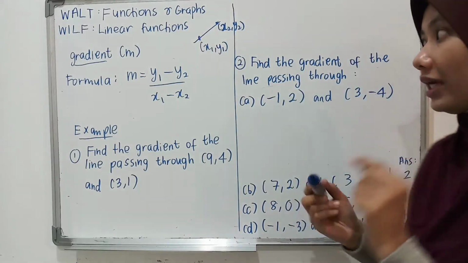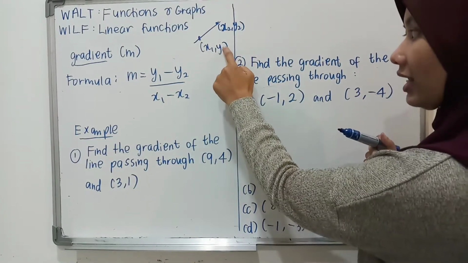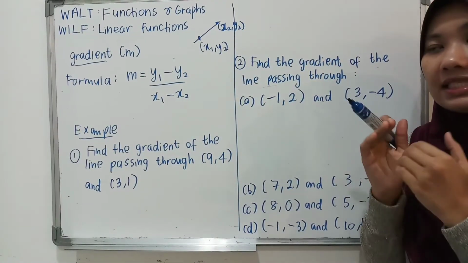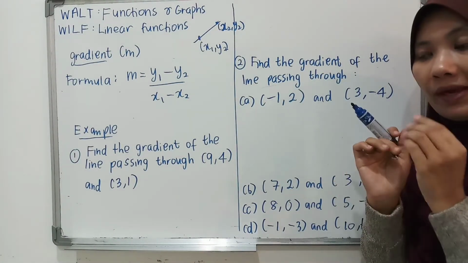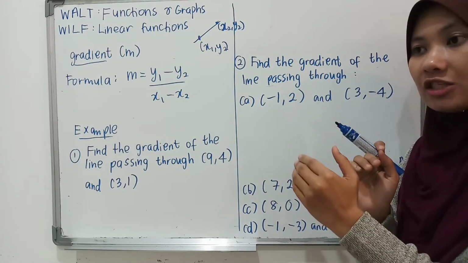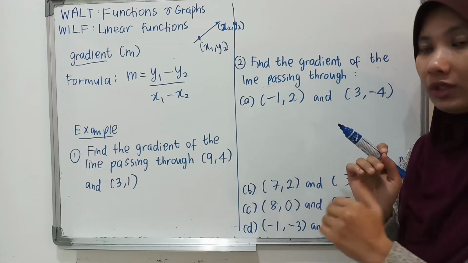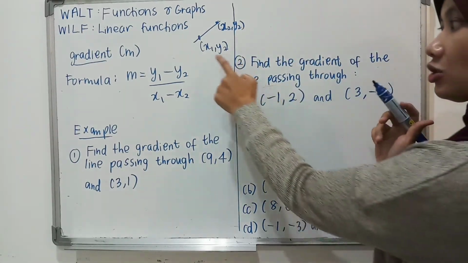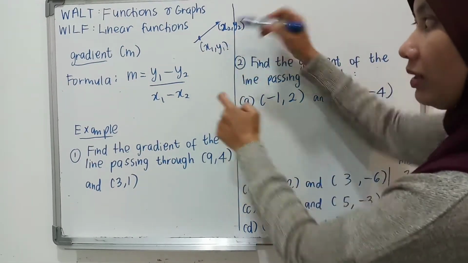You cannot put x1 y2, that is in a wrong form. You need to make sure x1 matches with y1, x2 matches with y2. You cannot have x2 y1, that is wrong.